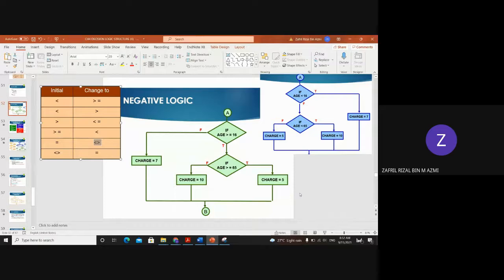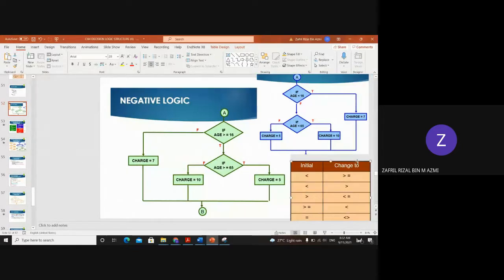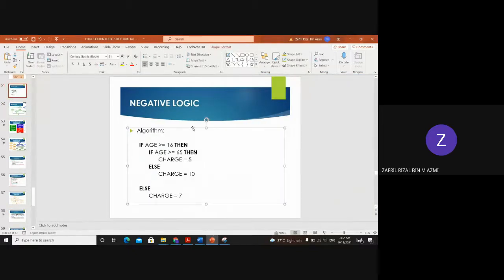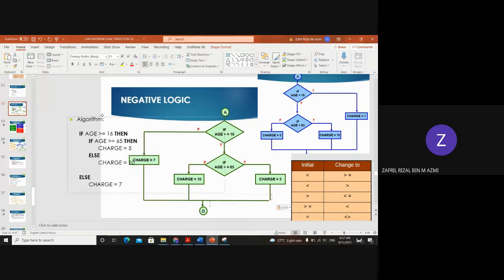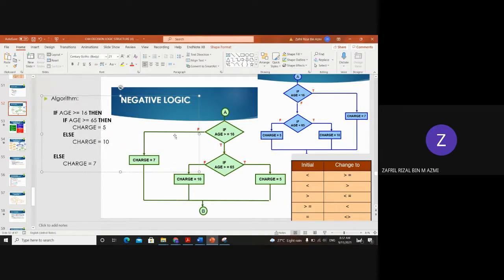Okay, class, clear? Negative logic structure. So in terms of the algorithm, you see the algorithm is like this, which is nested.